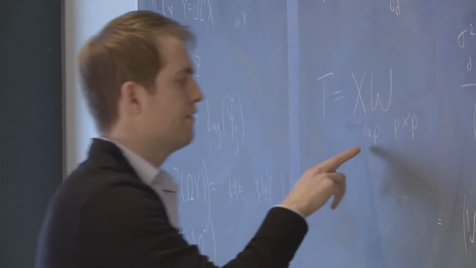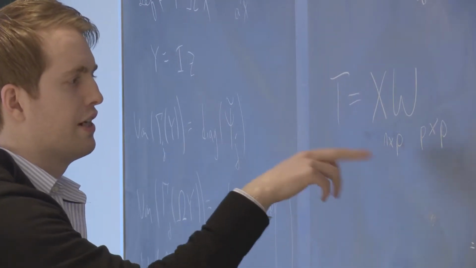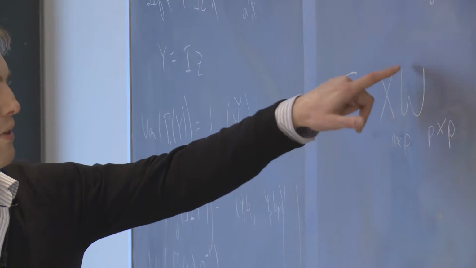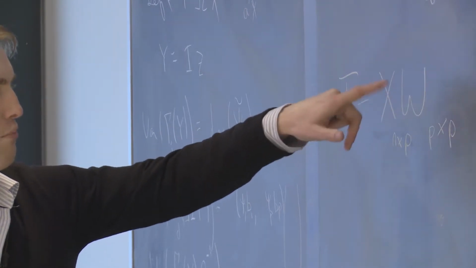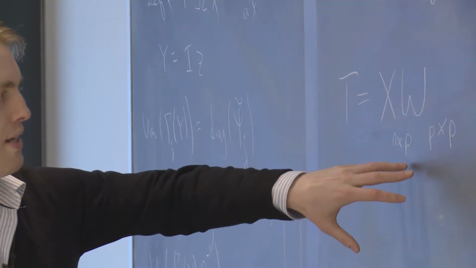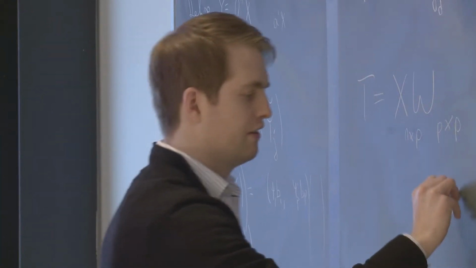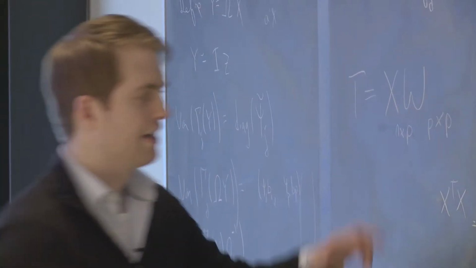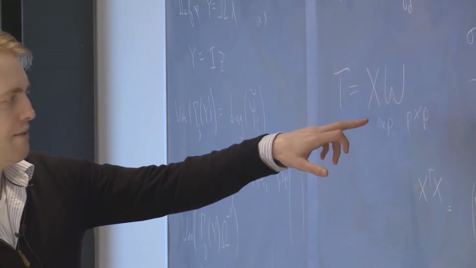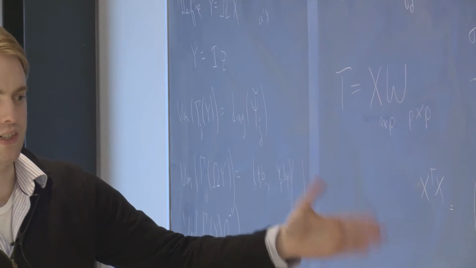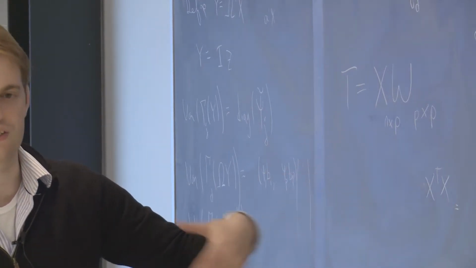So if you were to change coordinates, you can do that by constructing this matrix W, and it's basically based on the eigenvectors of X transpose X. The eigenvectors are placed in order of how important they are.